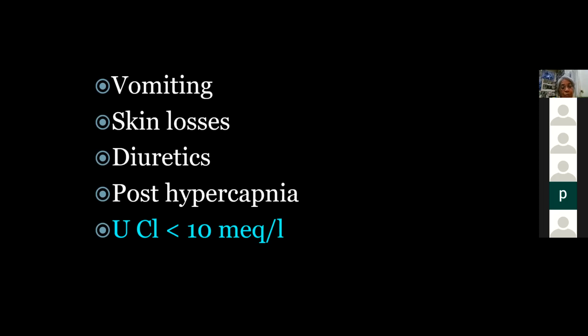And in ICU, post hypercapnia, that means your child has had a high PCO2, and so the body has generated a high bicarb. But by ventilation, you can rapidly bring down the PCO2, but your bicarb cannot come down fast. So you suddenly get a metabolic alkalosis. And if you see the urine chloride, it will be low. And that gets corrected if you give adequate chloride. So these are all chloride responsive metabolic alkalosis when you have extrarenal losses.